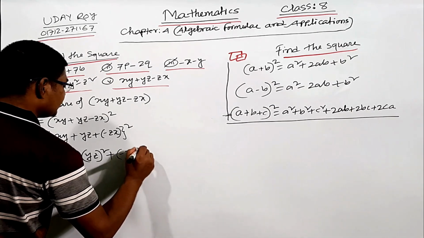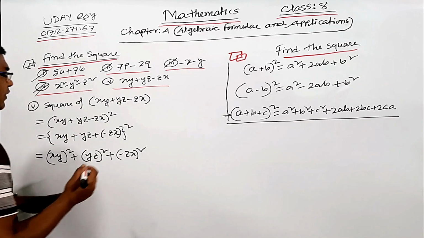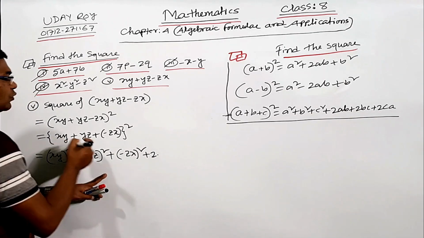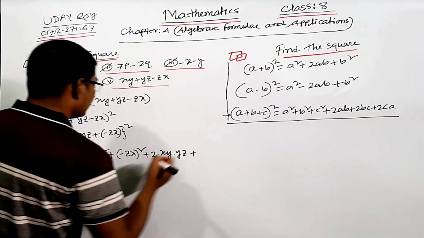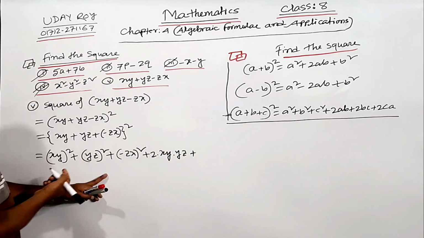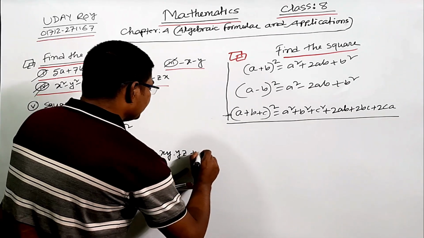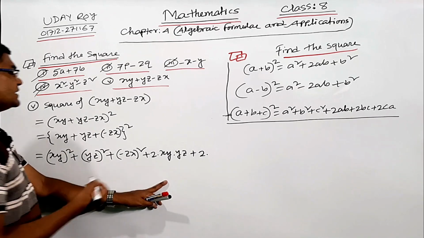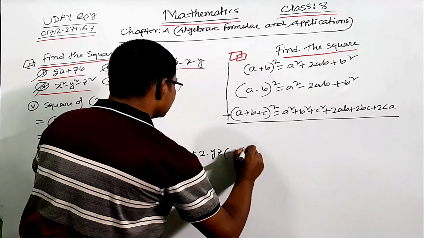minus zx: a square plus b square plus c square, then twice ab, that is 2 into xy into yz, plus 2bc. Take 2bc, b position is yz and minus zx, so yz minus zx.